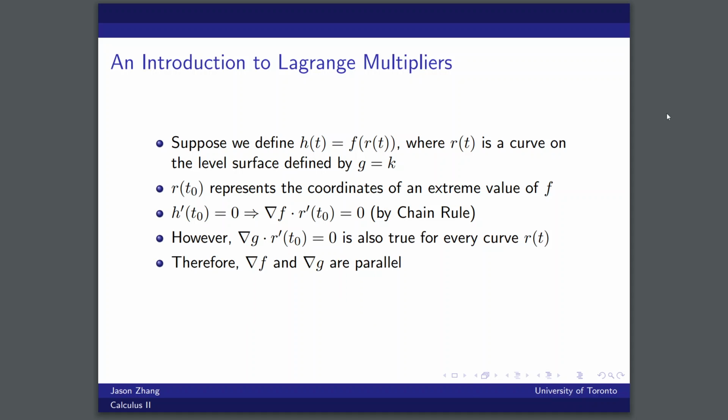So this is also true. And from this, we see that the gradient of f and the gradient of g are parallel. And this explanation you can find in Calculus 8th edition by James Stewart.